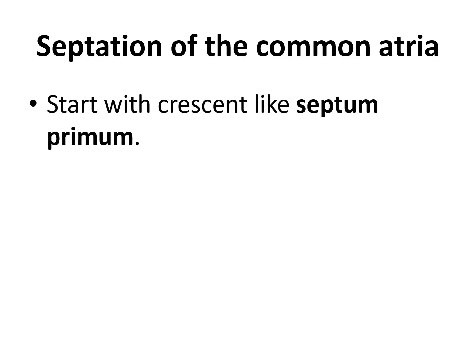So next we go to the septation of the common atrium, and this starts with a crescent-like septum, and this septum is called septum primum. Why is it called septum primum? Because it is the first septum, and if this is the first septum, it means we have another one. We will have septum secundum.